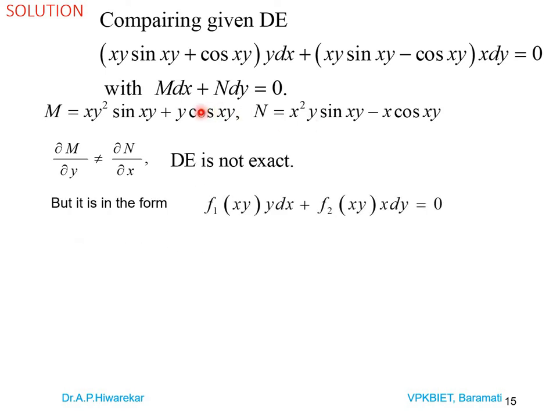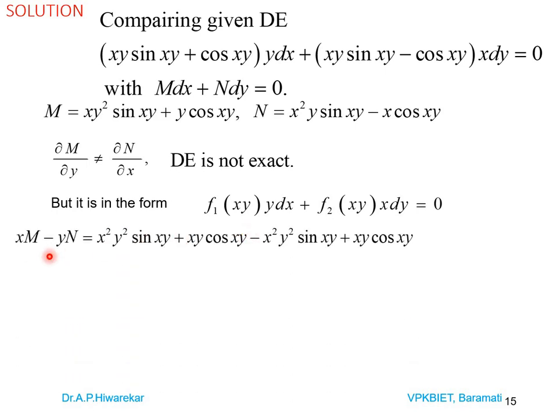So it is in the form f1(xy) y dx + f2(xy) x dy = 0. So we find xM − yN, which is x²y² sin xy + xy cos xy − x²y² sin xy + xy cos xy.